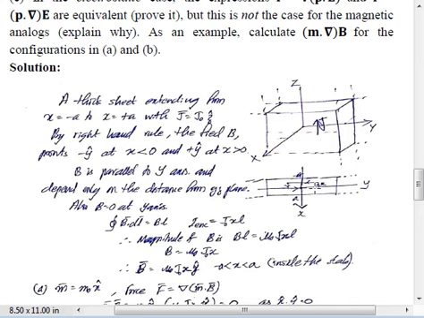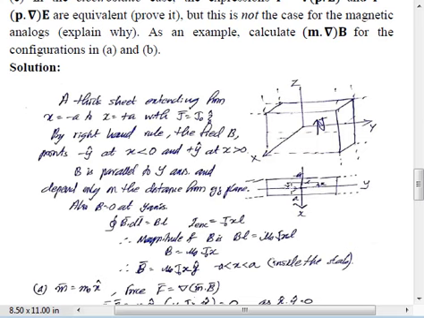So we consider an amperian loop here. The length of the amperian loop is L. Applying Ampere's circuital theorem, the closed line integral of B dot dl will be equal to B times L. The magnetic field along the y-axis will be 0, because the field produced by the upper half and the field produced by the lower half cancel here.